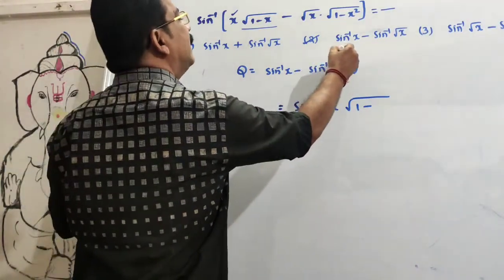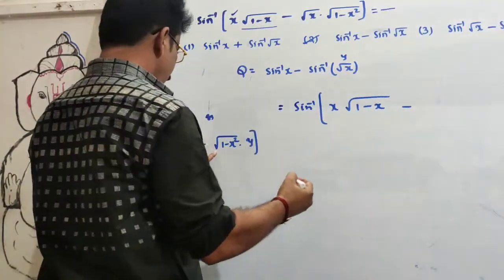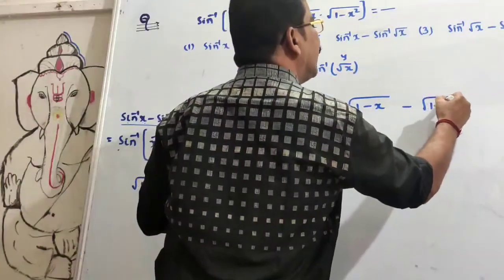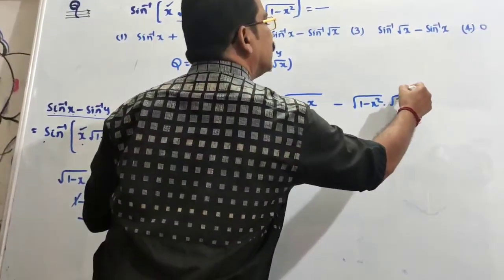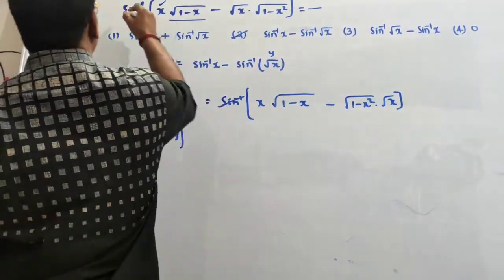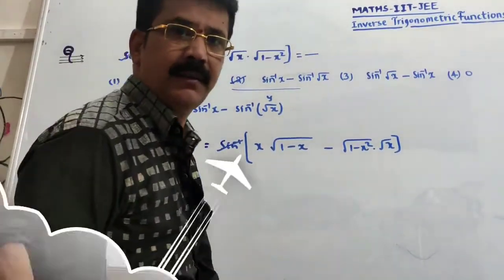Here y square means x, minus root of 1 minus x square into root x. So therefore this is the same question. Thus the second option is right.